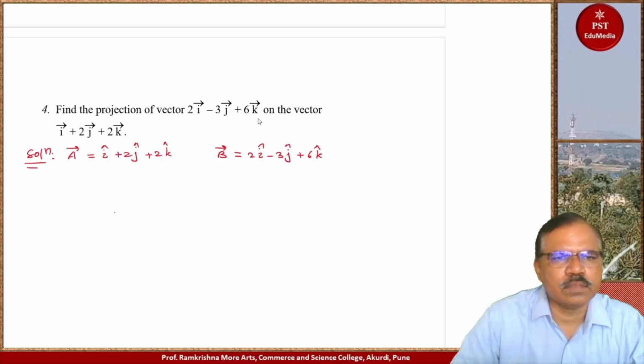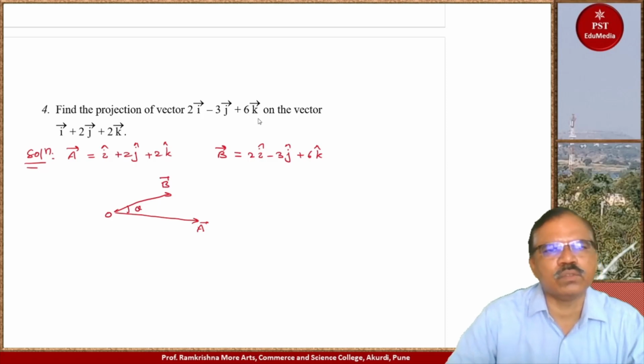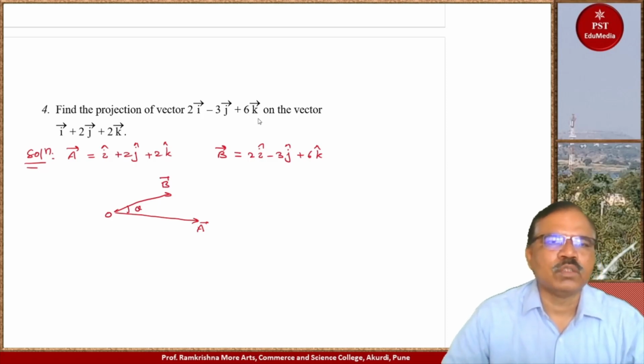Now suppose this is vector A and this is vector B, and suppose theta is the angle between them. Here it is O, the origin. So what is projection?